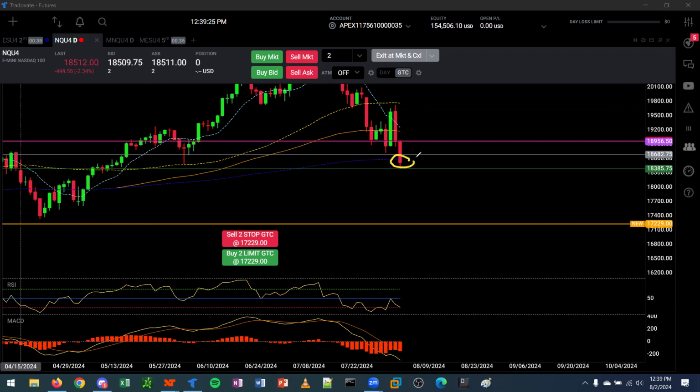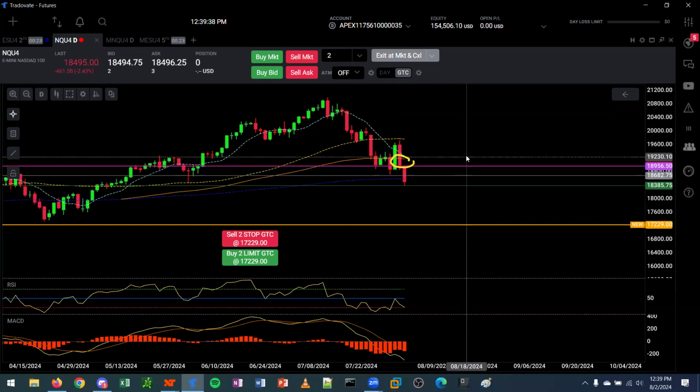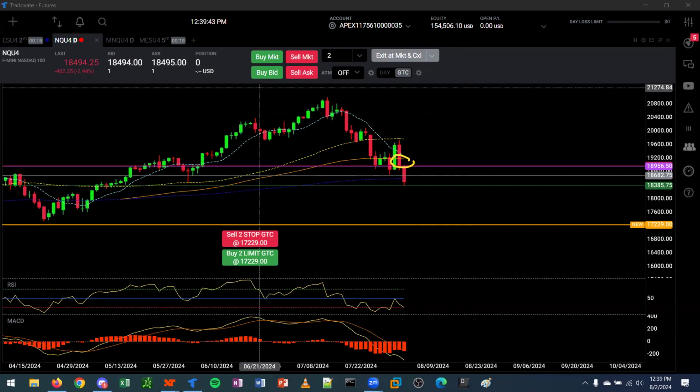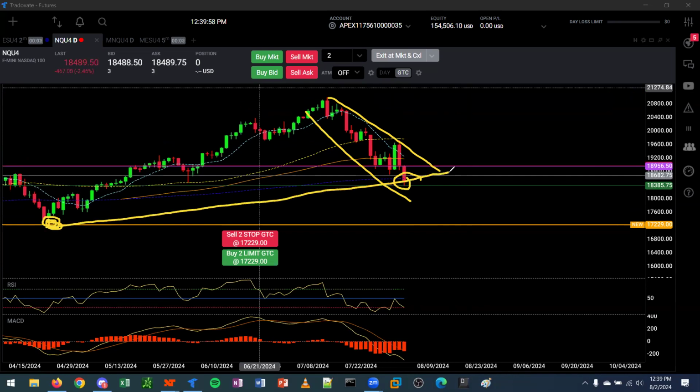So this can be a lower low, but in this context, it's a lower low because it's a downtrend micro. But we haven't broken this low right here. So we're still in an uptrend, macro, longer time frame.